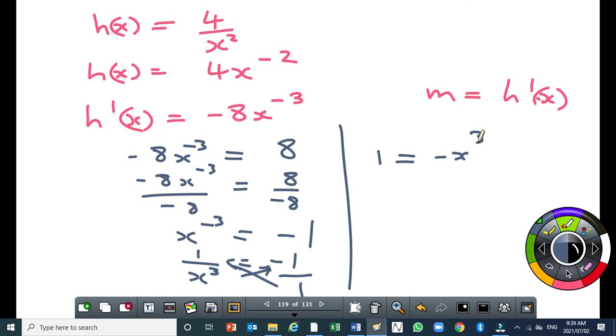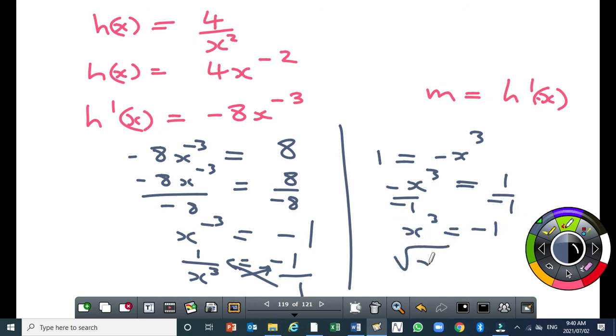Minus 1 times x cubed is going to be minus x cubed. Right? Then we need to divide both sides by minus 1. So I can write this as minus x cubed equal to 1. Right? Then divide by minus 1. You get x cubed equal to minus 1.